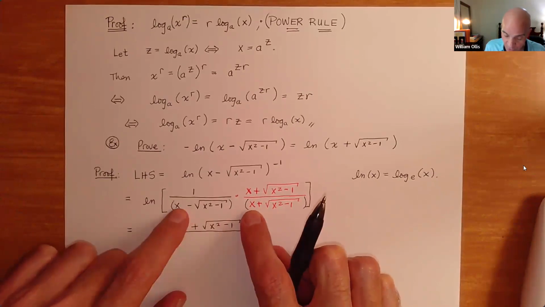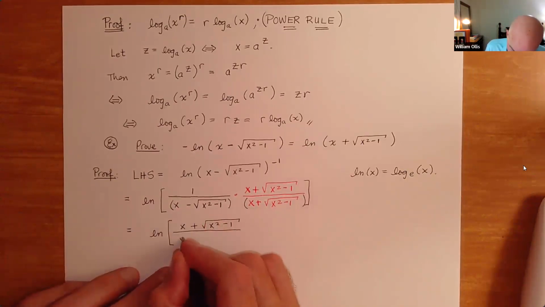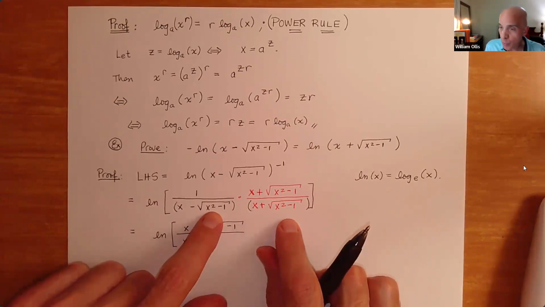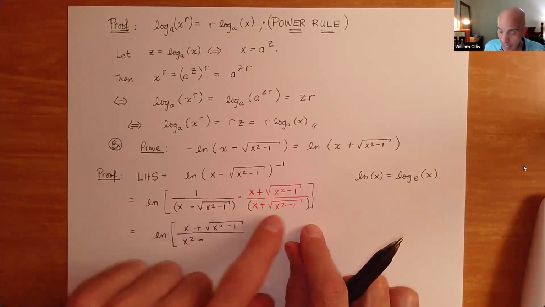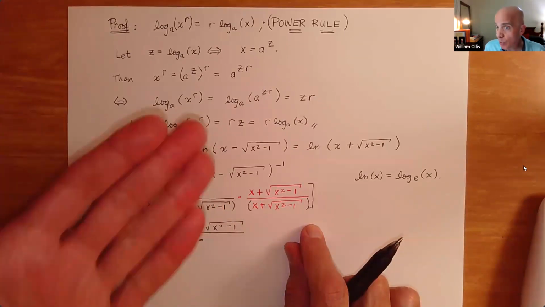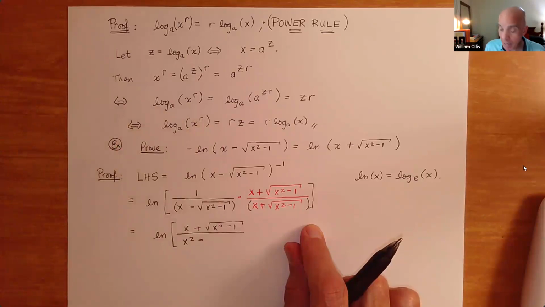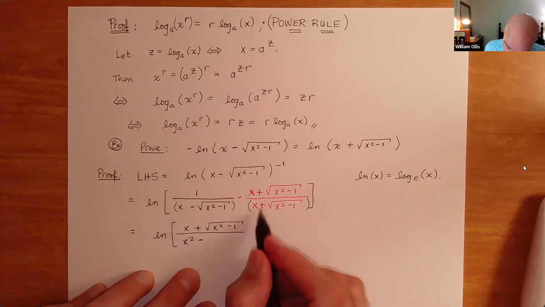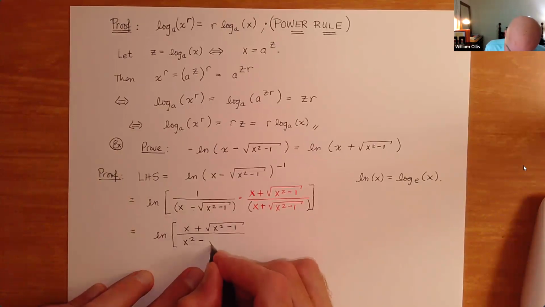So we're just left with x squared minus the square root of x squared minus 1 times the square root of x squared minus 1, which is just x squared minus 1. The 1/2 powers add. I'll go ahead and write that, but notice here we have a minus and a plus, so we've got minus the square root of x squared minus 1 quantity squared.